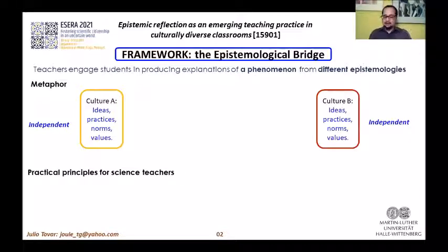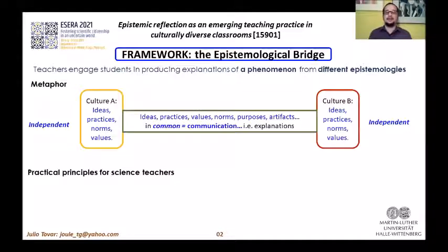With this part of the bridge, teachers recognize the epistemological domains and use them as content to teach, respecting their independence. It means not mixing them, not explaining, validating, invalidating, or justifying an epistemology from the other, and not giving more importance to an epistemology over the other.